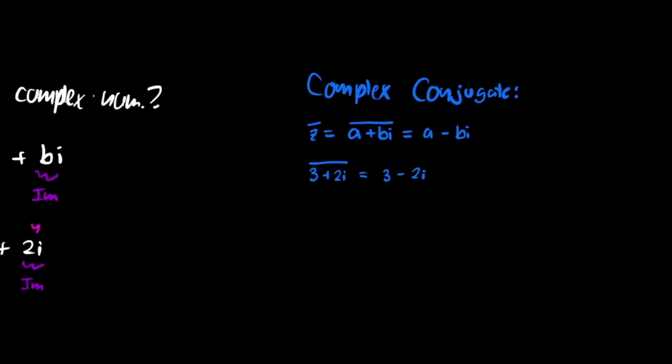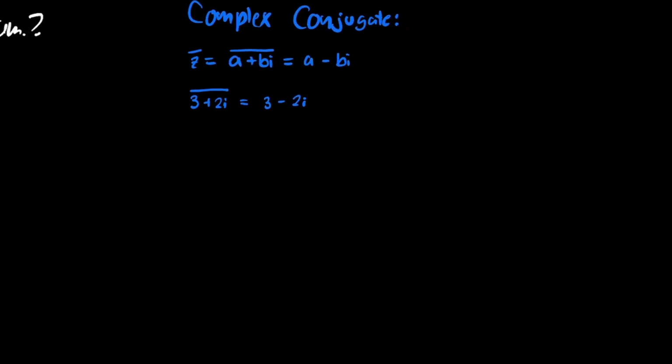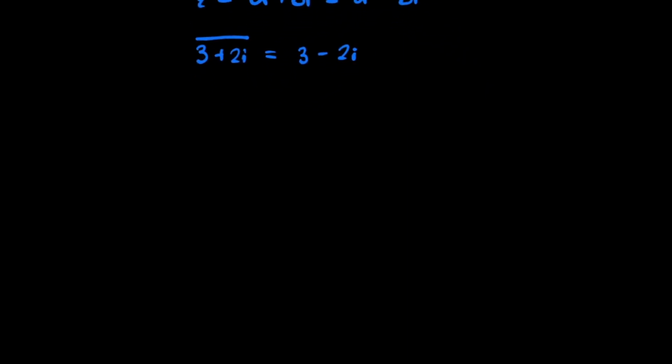Now, sometimes when we want to solve something, we get the following structure: 1 over 3 plus 2i. Sometimes we get this. How do we solve this most of the time? This is basically just 1 over z.